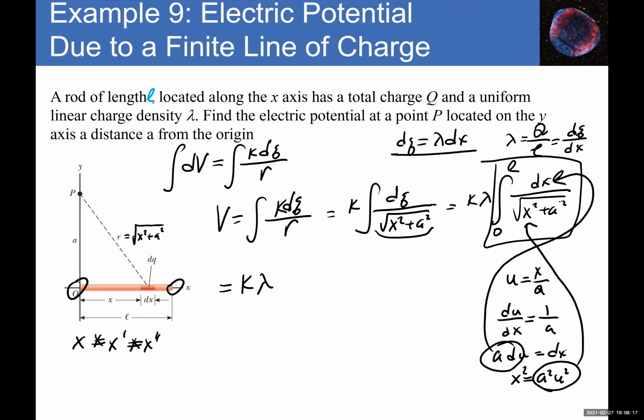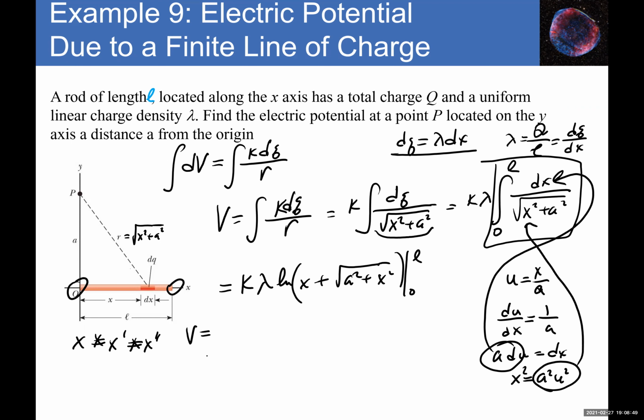And then from that, we do a trig substitution, where u is substituted with the tangent of some other variable. I imagine if you really want to, you should be able to do that, but you can also refer to one of those integral tables to find that equation. This equation will give you ln of x plus square root of a squared plus x squared, going from 0 to L.